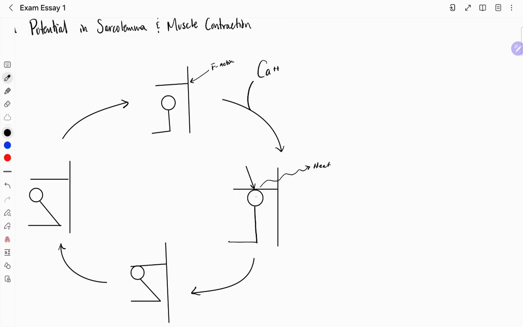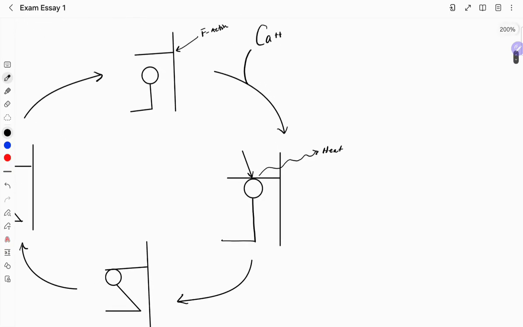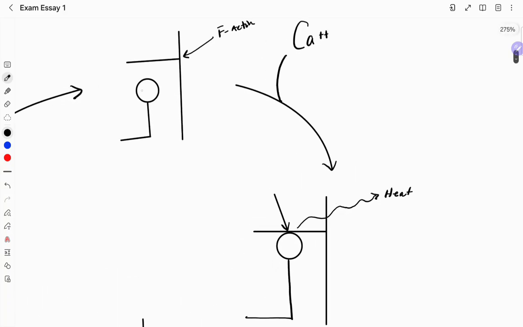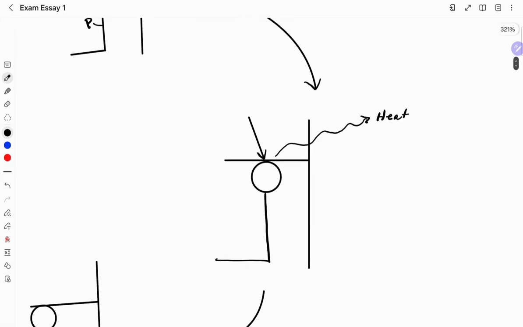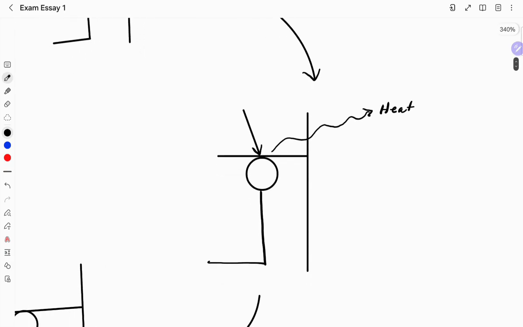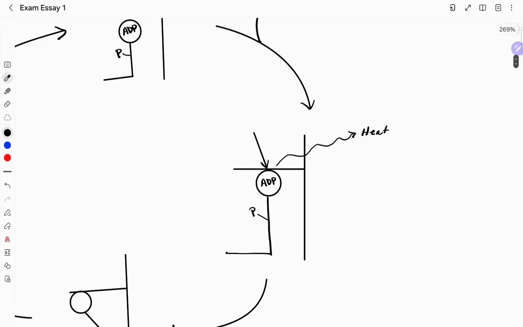And now our muscles are engaged. At this point here, well, actually, we start here with ADP and a phosphate there. We have calcium come in, and we still have this ADP and our phosphate, but now the myosin is bound to the actin.